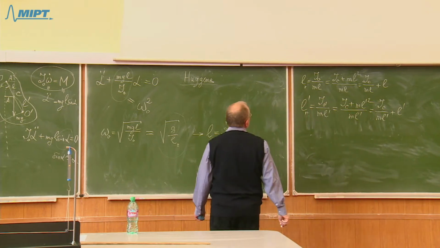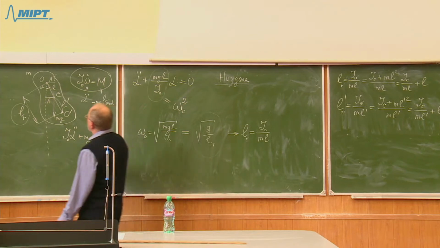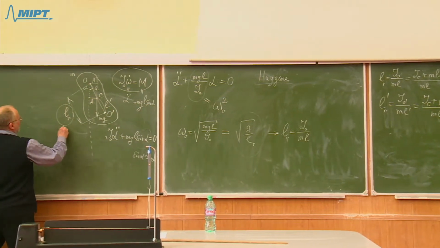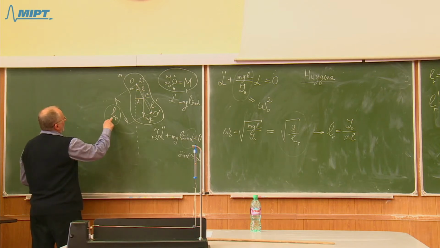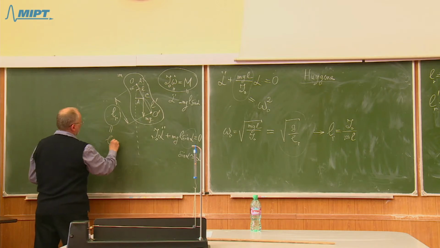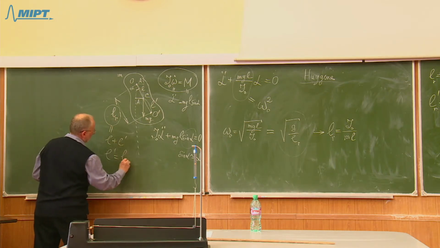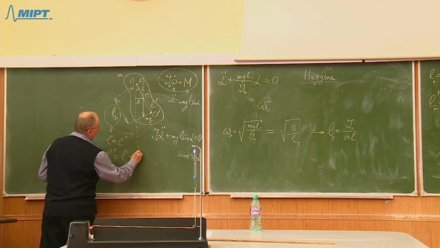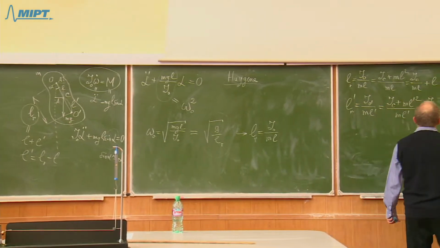And also I can see that the length of the reduced ideal pendulum equals L plus L prime. Therefore, L prime equals the length of the reduced pendulum minus L. And I will use this expression here.